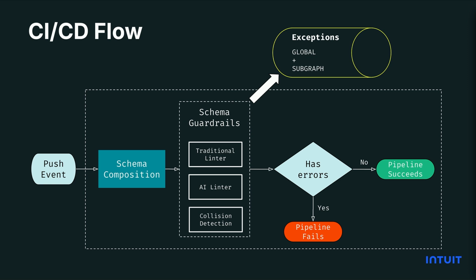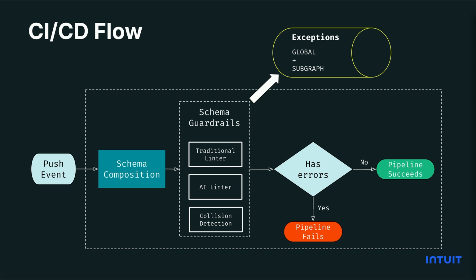Then we build the schema. This is basically a composition of your subgraph schema and all the common types we have. By the way, later in this room, we'll have other members of our team talking about the common schemas, so feel free to attend this as well. We're building the final schema, and we run these tools that we already talked with you about.